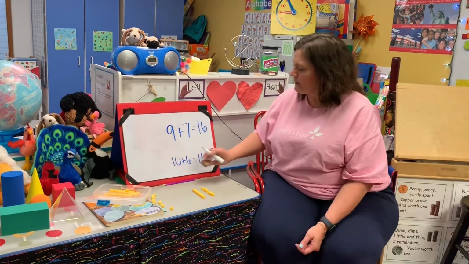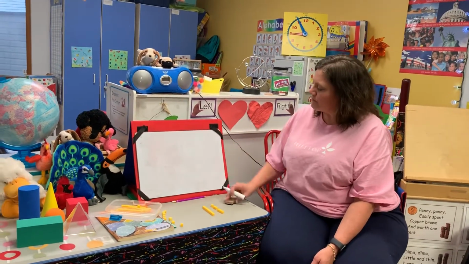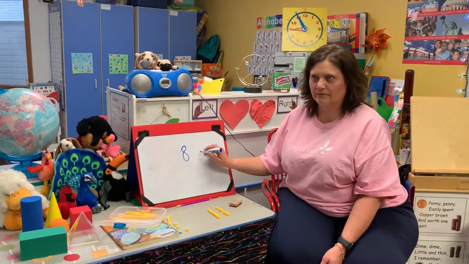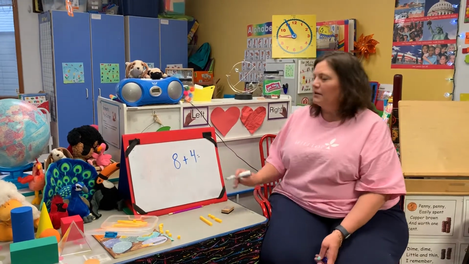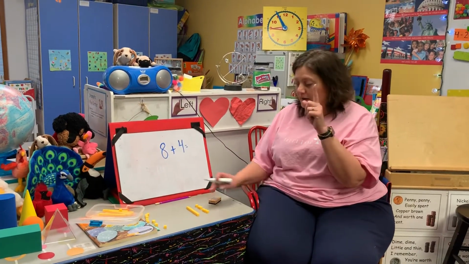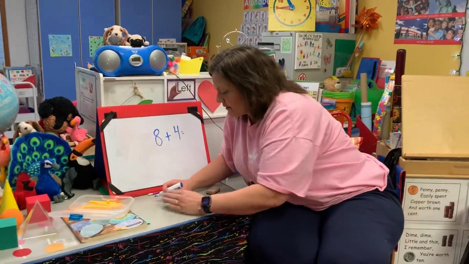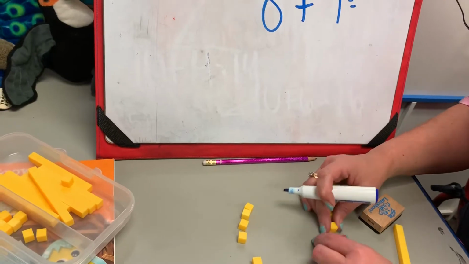So what if, I'm just going to try something. What if I had 8 plus 4? Oh, that's a little harder because you're not just moving 1. So let's try it. There's 4 and 4, there's 8 and 4.